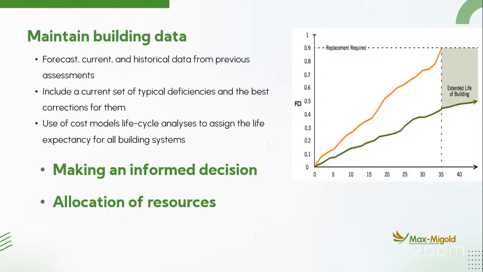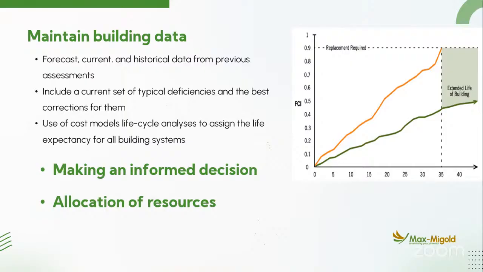So you maintain building data, you forecast current and historical data from previous assessments. This is if and only if the assessment has been done before you are taking over. But if the assessment has not been done before you take over, you might not have access to historical data.